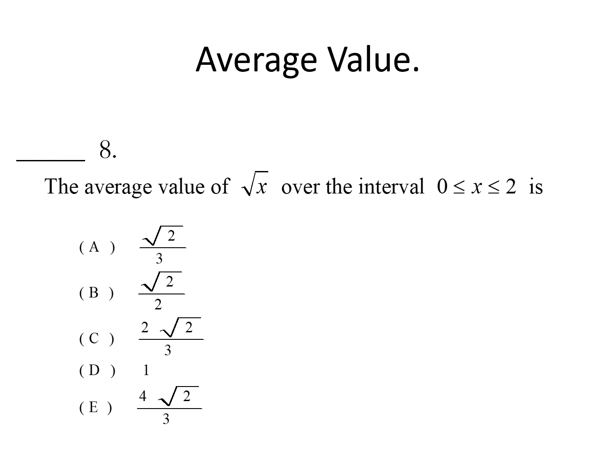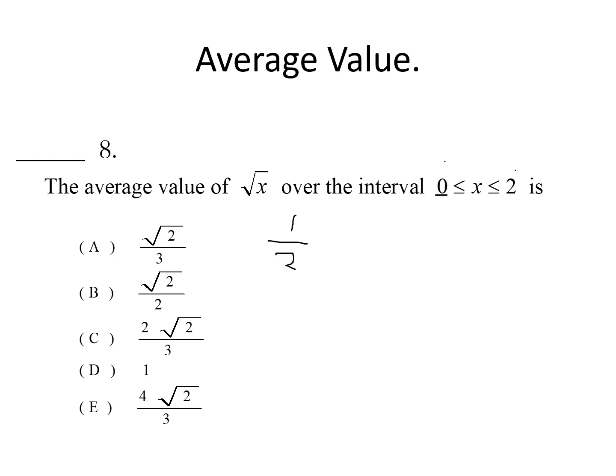So number 8, the average value of the square root of x over the interval 0 to 2. Okay, average value stuff. I don't remember that 100%. Let me check. So the average value is simply 1 over the interval, which is 2 from 0.